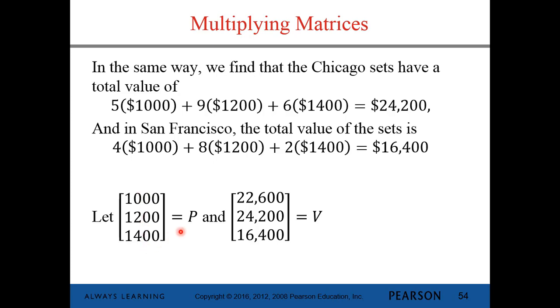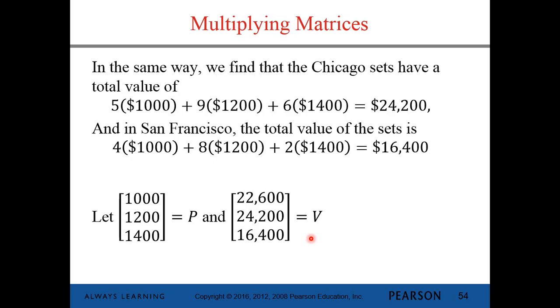So let the different prices be matrix P. It's a column vector, a column matrix. And then let's also define the matrix of the final values, the total values at each location: New York, Chicago, and San Francisco, and we'll call it V. So what's going on here?